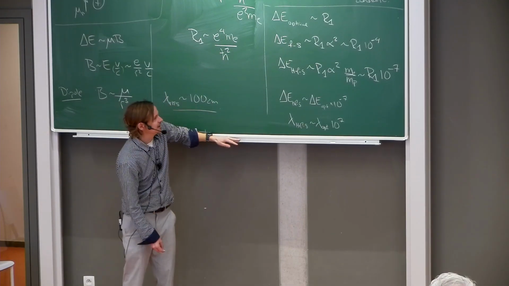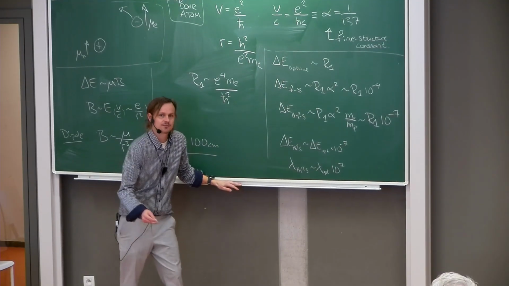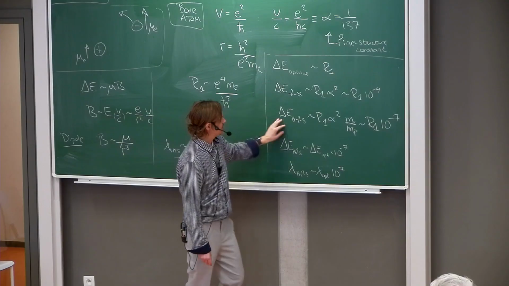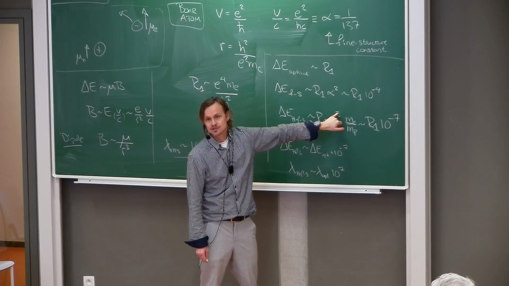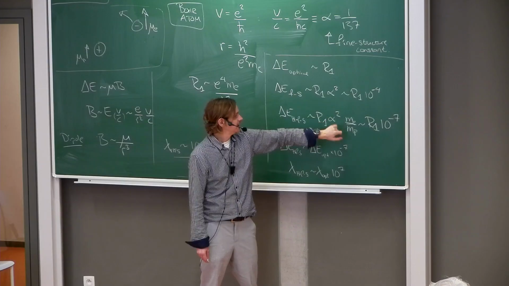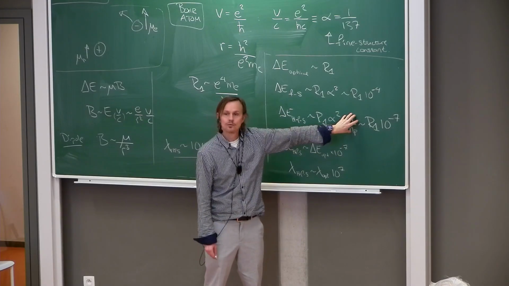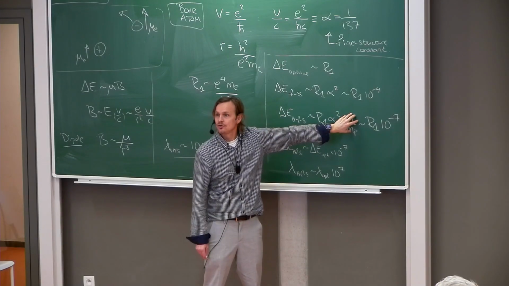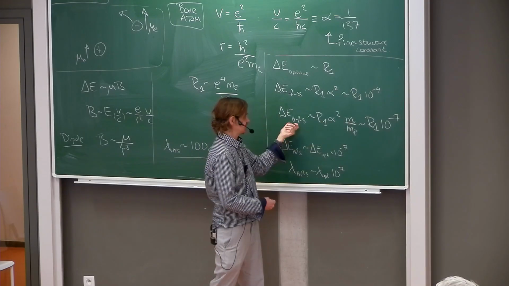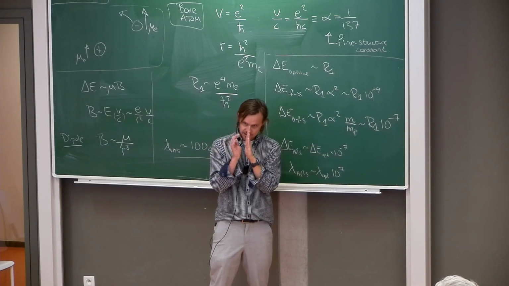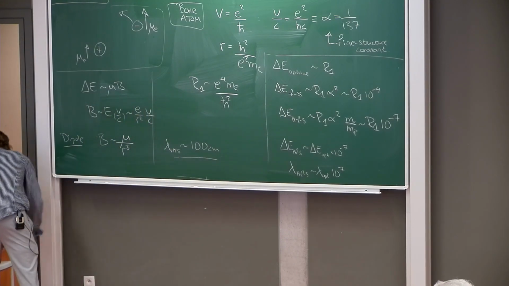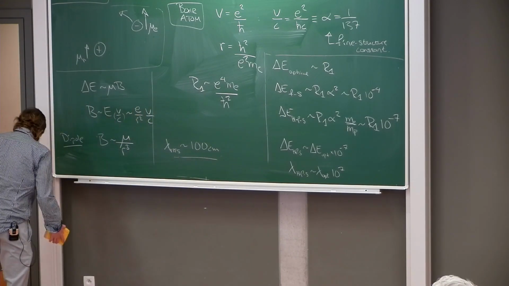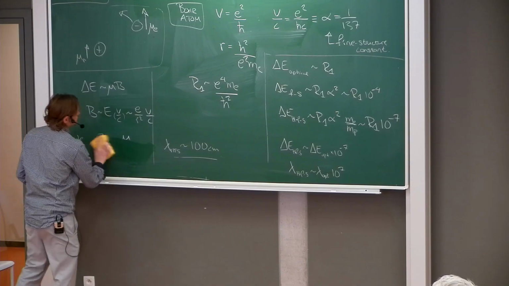The important thing here is that you have these two principal scalings. The energy difference goes with the fine structure constant squared, and then for the hyperfine also with the ratio of the electron to the proton mass. And that's why they have so much smaller energy differences, or, if you will, so much longer wavelengths.